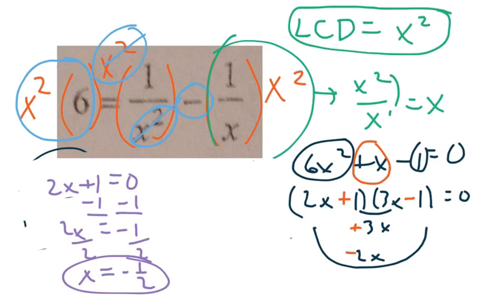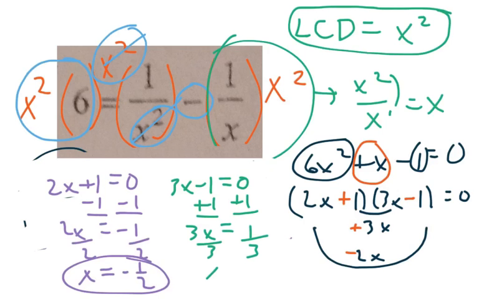Now, I'm going to take that 3x minus 1 and solve for it for 0. This time I'm going to add 1 to both sides. So 3x is 1. And when I divide by 3, well, x is going to be 1/3. So here are my two answers, guys. Alright, pause the video.